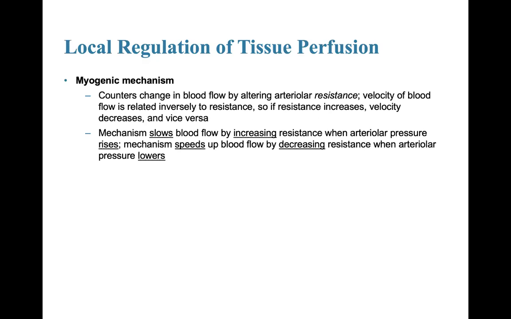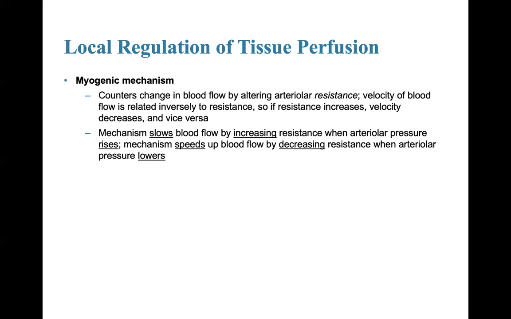With the myogenic mechanism, this counters changes in blood flow by altering the arterial resistance. The velocity of blood flow is related inversely to the resistance. So if resistance increases, velocity decreases, and vice versa. The mechanism slows the blood flow by increasing resistance when the arterial pressure rises.